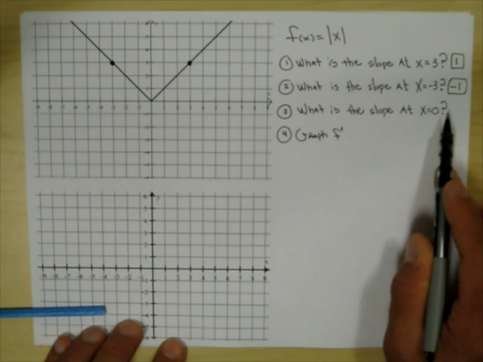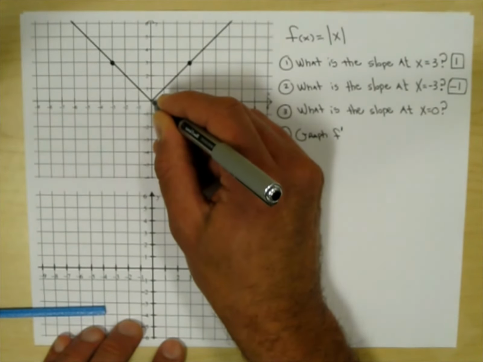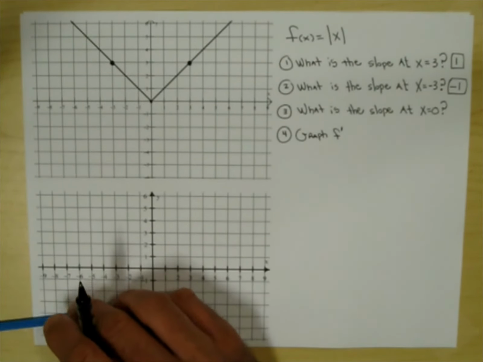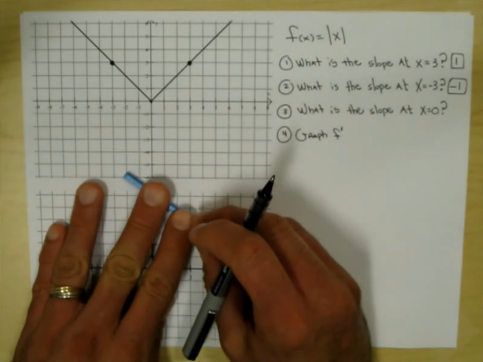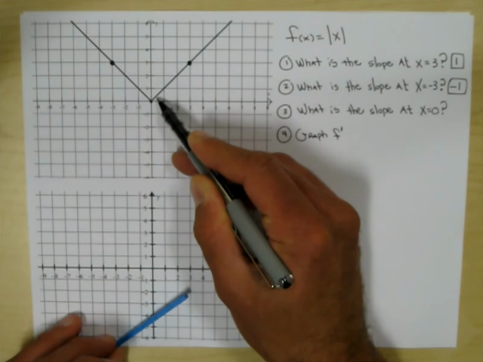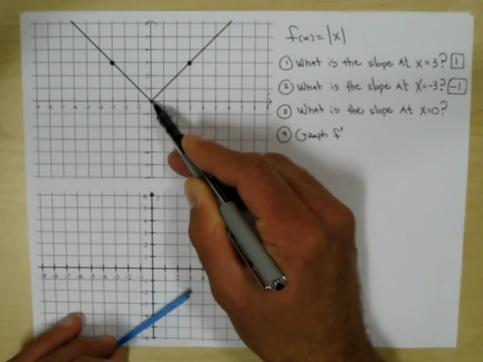But there is a problem point, and it's this guy right here. This is a sharp point. If you start doing instantaneous velocities and secant lines and approach from the right, you're going to say that limit happens to be 1.